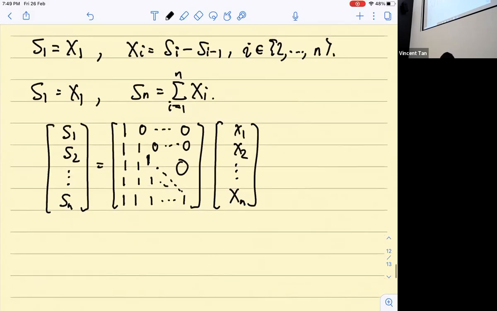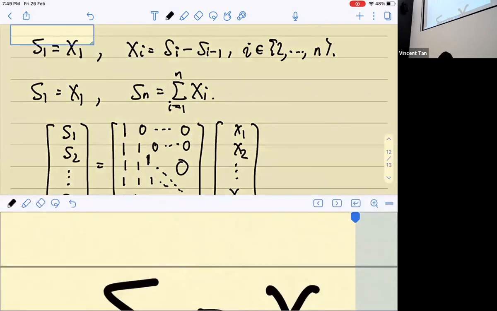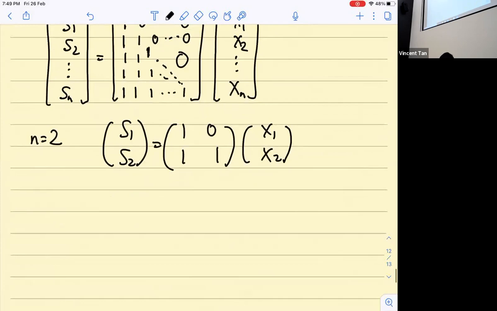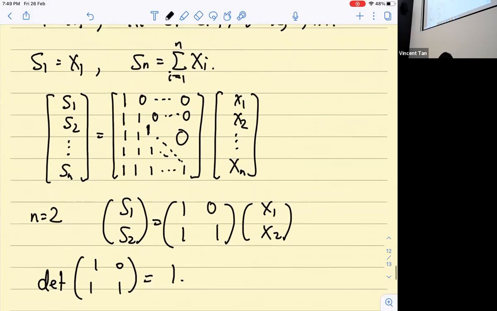All right, so now let's consider a case where n is equal to 2. So S1, S2, we can write this more explicitly as 1, 1, 1 like this. Okay. So what is the determinant of this matrix? 1, right? And after some very painful calculation, you realize that for whatever n, the determinant of this matrix is equal to 1.